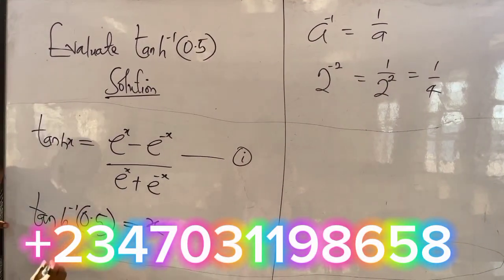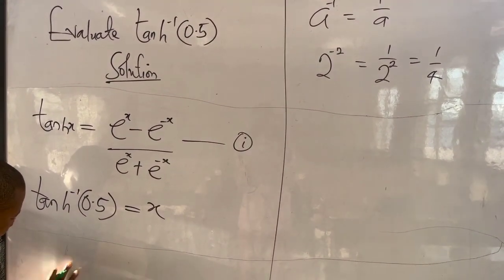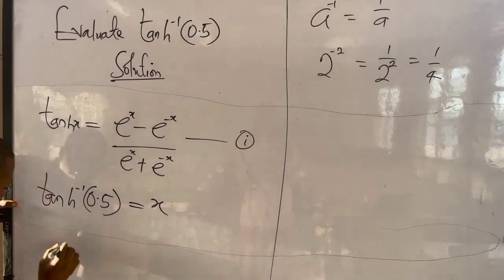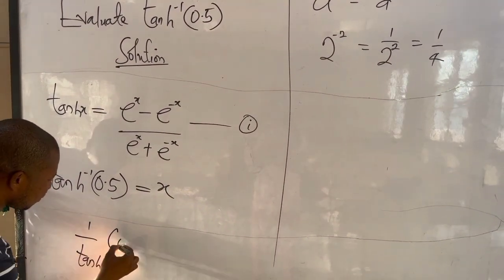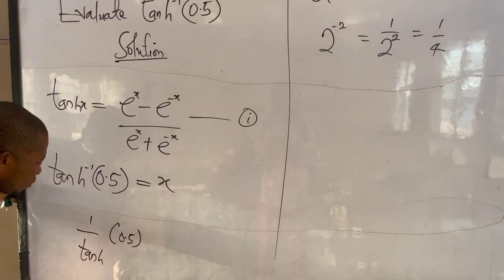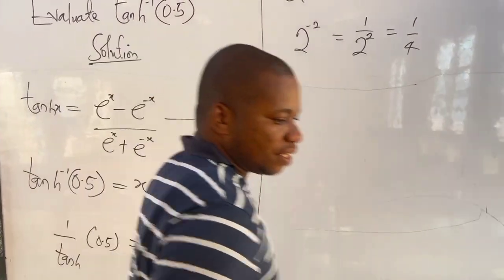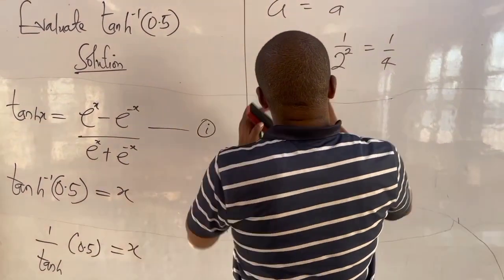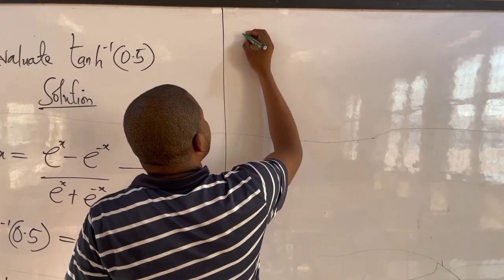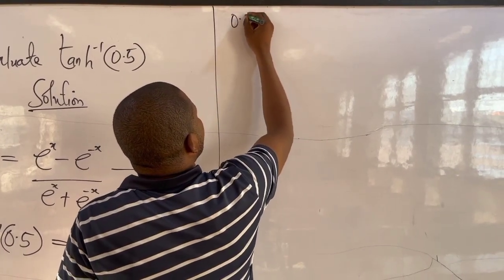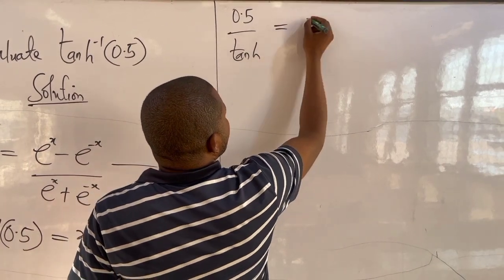So this one simply means 1 over tanh, multiplied by 0.5, is equal to x. So by reason of this, it becomes 1 times 0.5. 0.5 simply means half. 1 times 0.5 will give us 0.5 over tanh is equal to x.